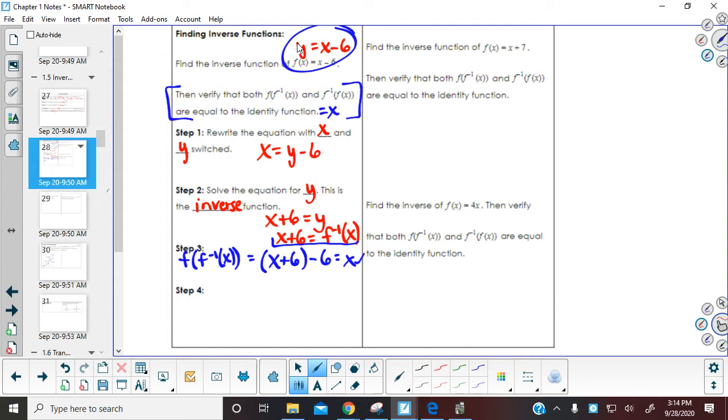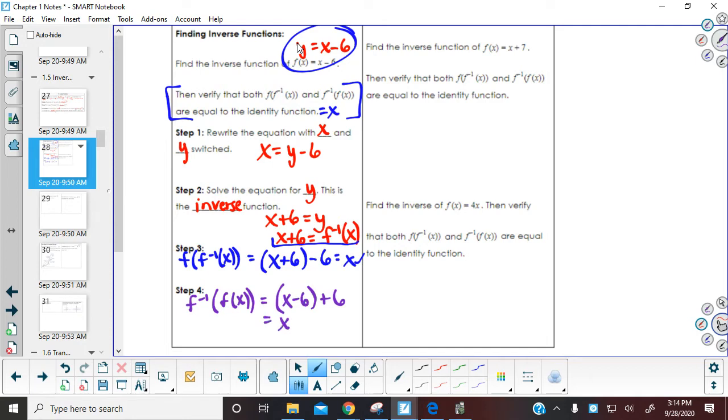So we're good. And then I would do the same. I'm going to take my original, x minus 6, and plug it into my inverse function. So my inverse function we had was x plus 6, and we're going to plug in the original, x minus 6.